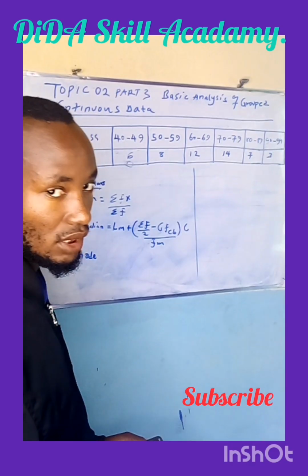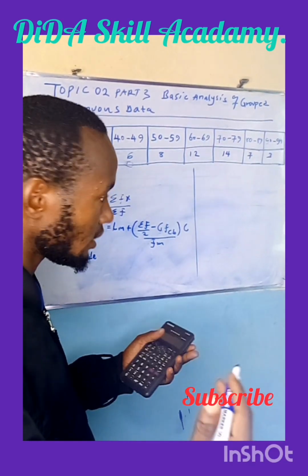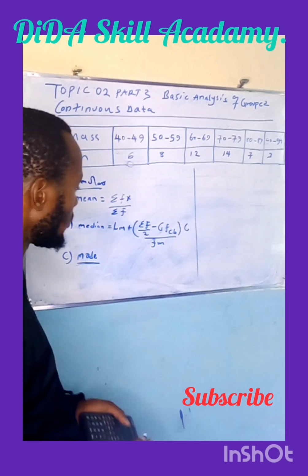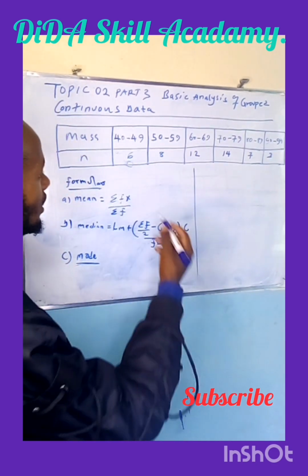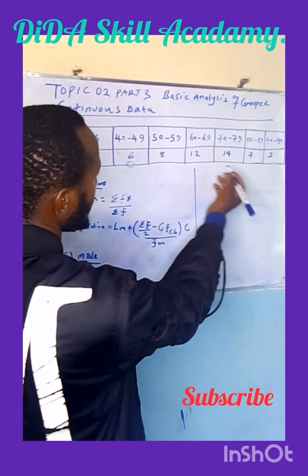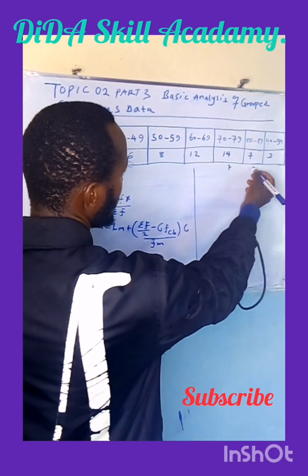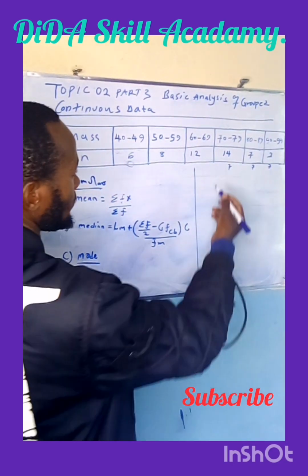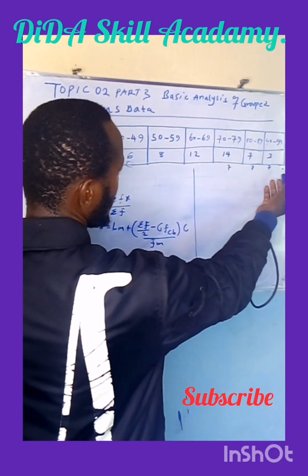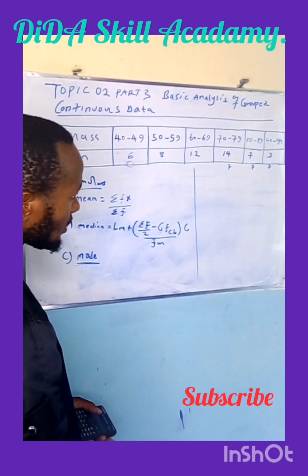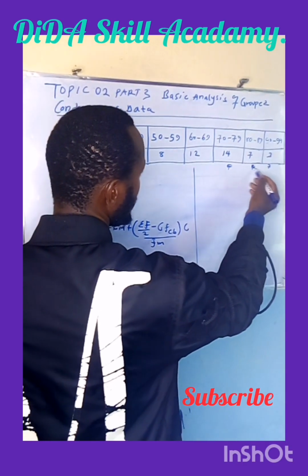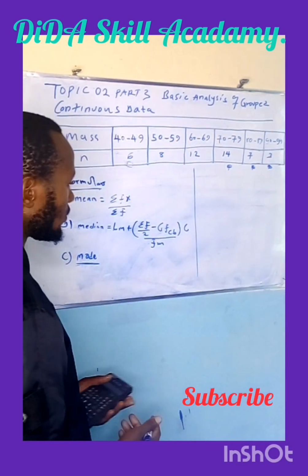So we have the mode. In our case, for example, if we had 7, 7, 7, then 7 is the most repeated number. But now we're going to calculate using the formula.